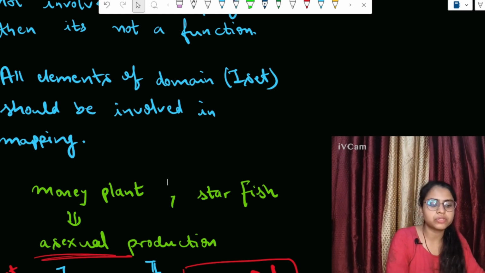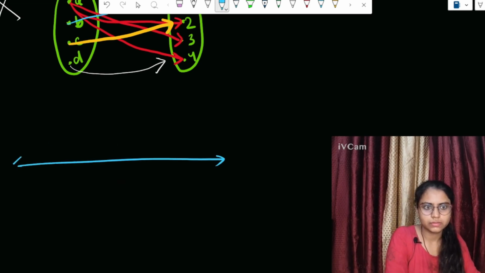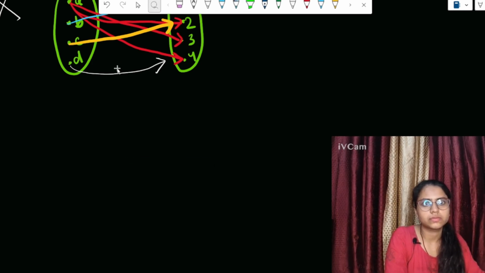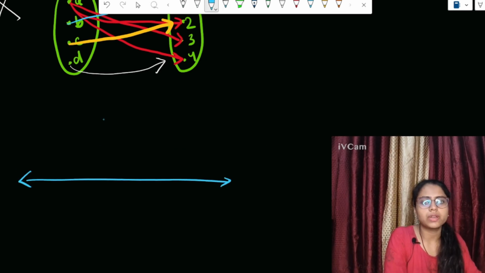If you plot a graph, if you plot a given function, right? Let's say if you plot a function like this.